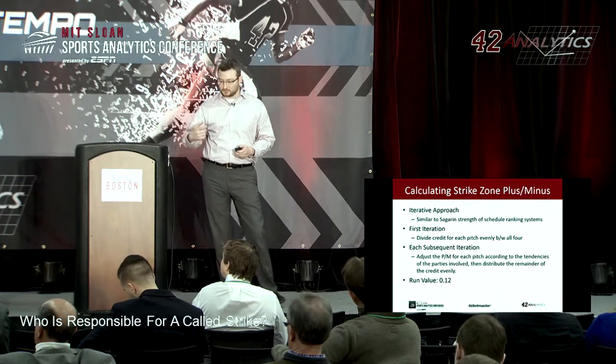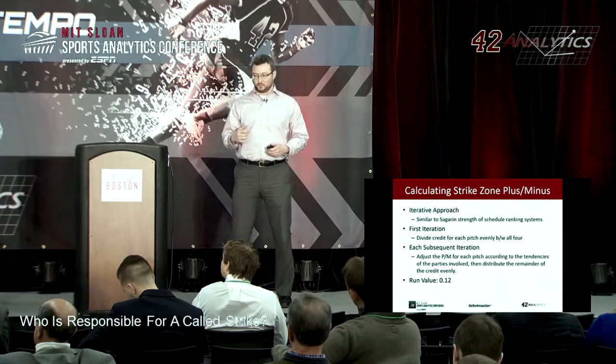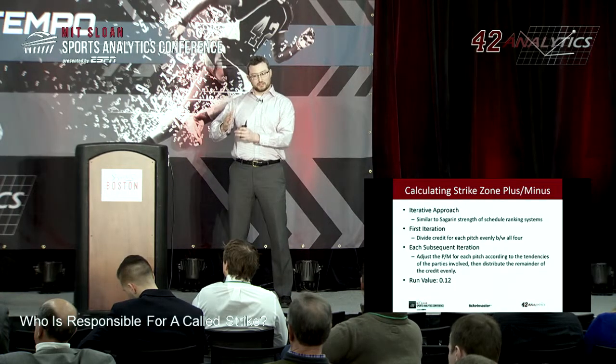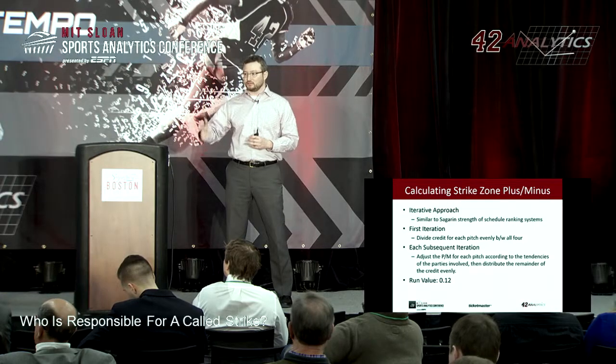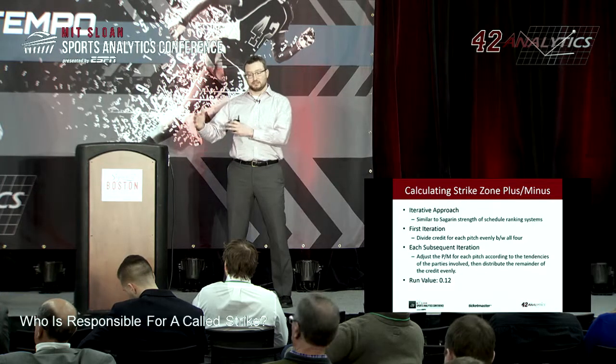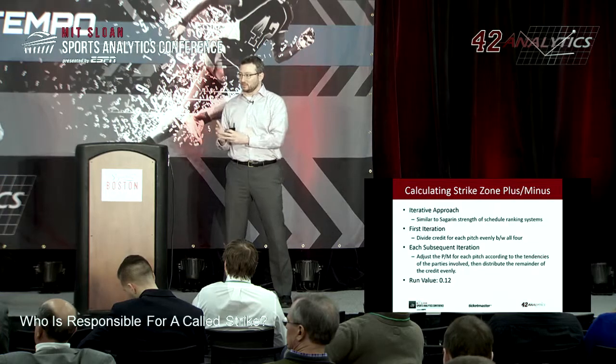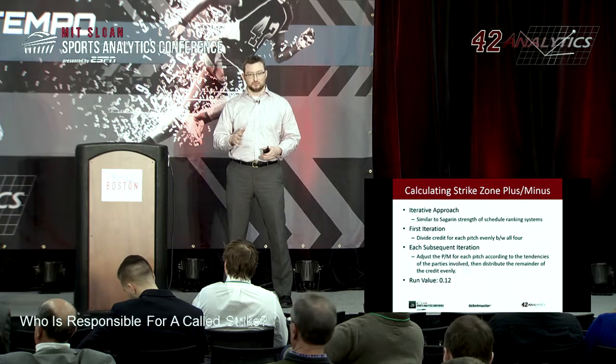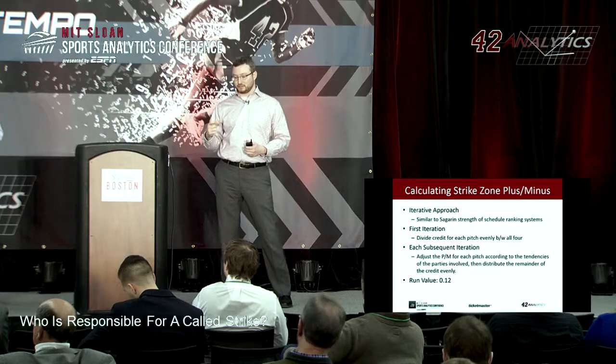That's how each of the subsequent iterations is going to happen. With each iteration, the changes in the credit that we're associating to each player are going to get smaller and smaller until they converge on their true skill level and their true credit that they deserve.